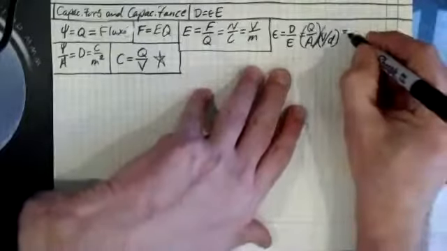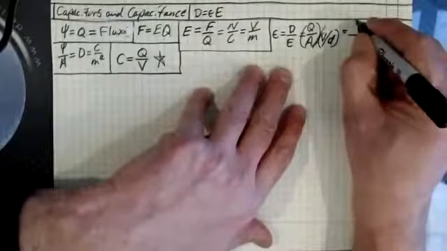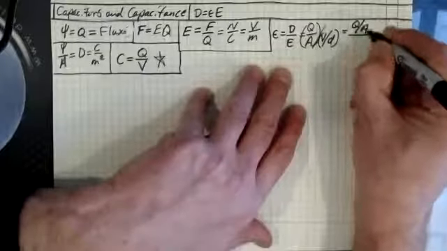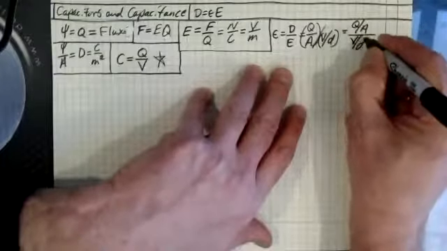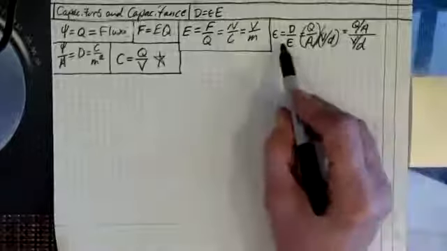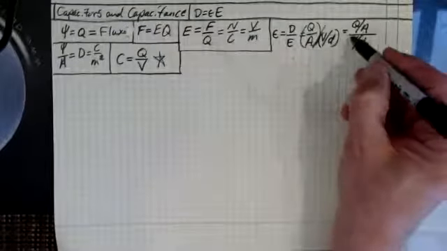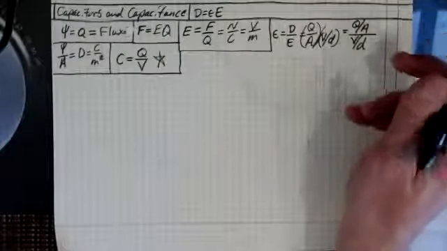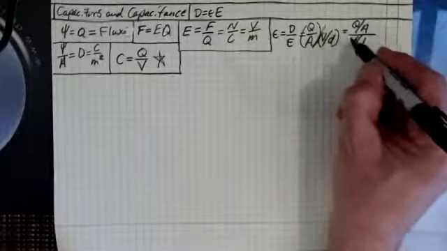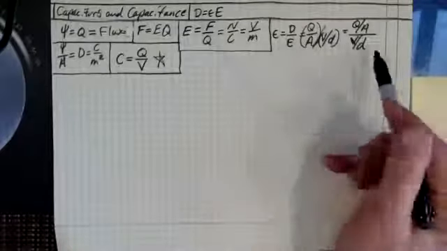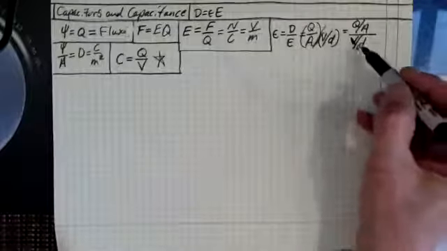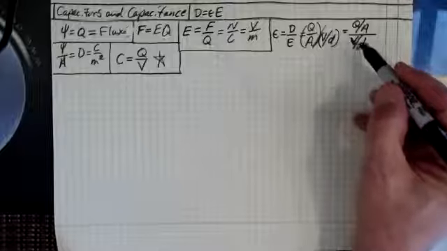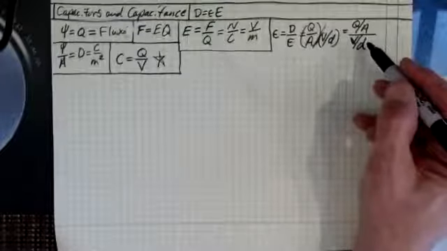Now let me rewrite this again so that it looks better. Q over A divided by V over d. Why do we know it's V over d? Because isn't that volts per meter? Isn't that voltage over the distance? Remember the electron gun that we talked about a long time ago? Right, so that's what an electric field is. V divided by d.